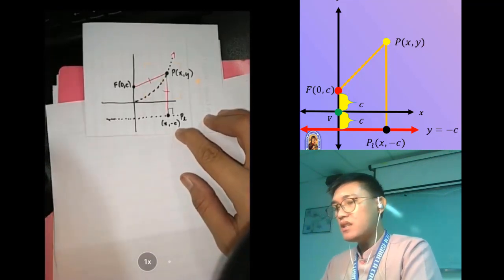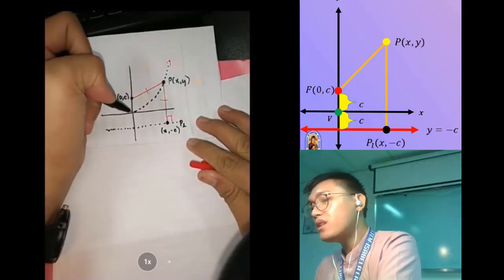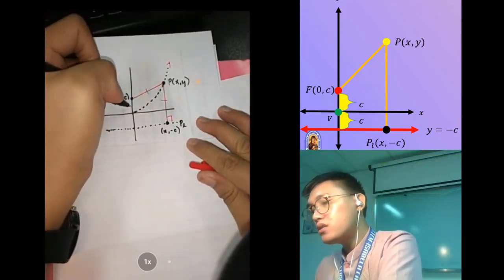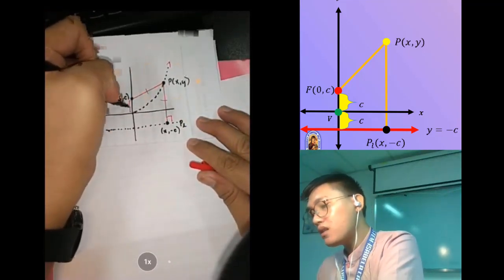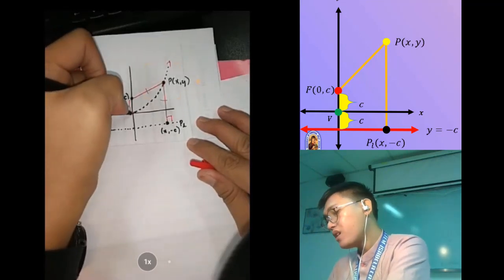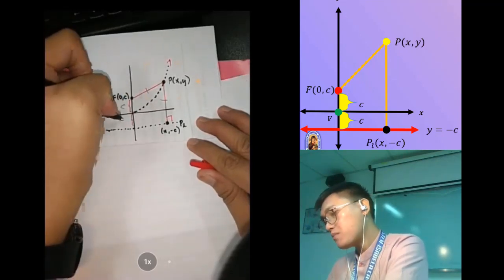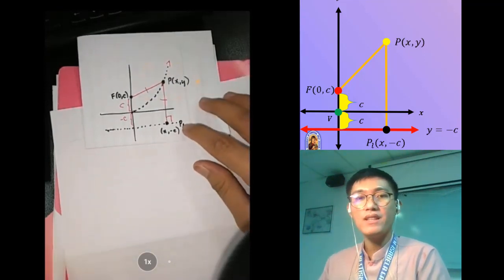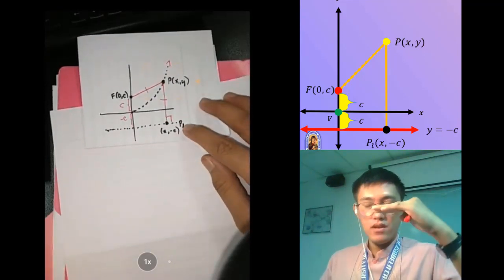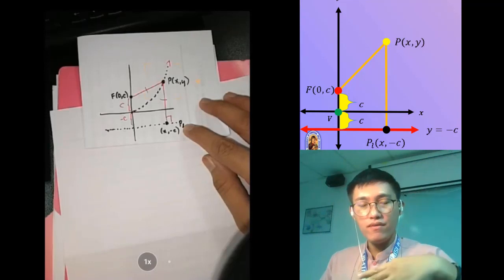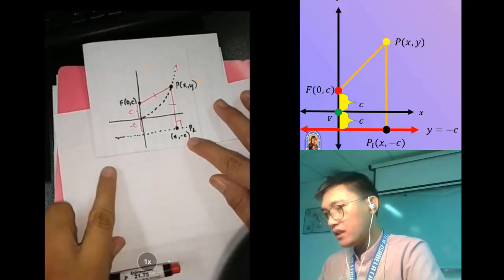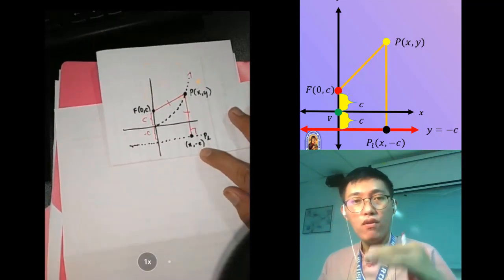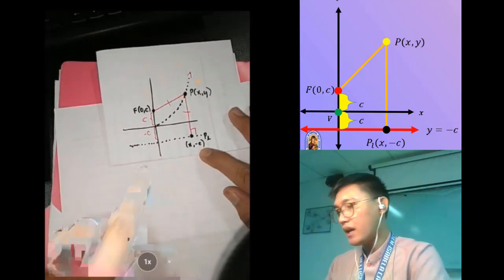Since the distance from the vertex to the focus is c, then the distance from the vertex to the directrix must be -c. As I told you a while back, the distance above the origin is positive and below it is negative.